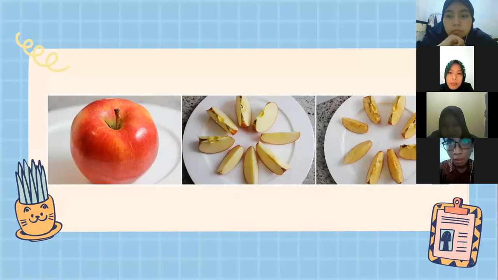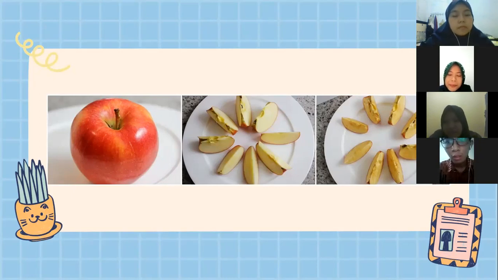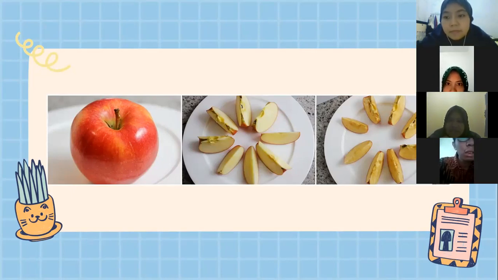I think it's a chemical change, miss. All right, Cynthia. How do you know that a change of color that happened here represents a chemical change? I think apples turn brown because of a chemical reaction called oxidation, caused by oxygen from the air. It happened because of the formation of new substances. Excellent, Zulfa.